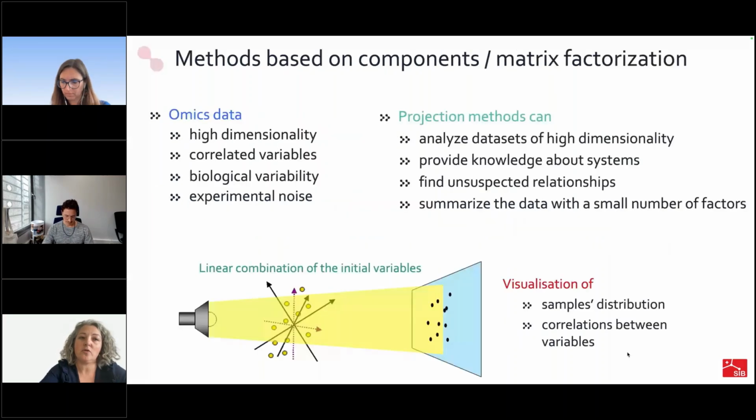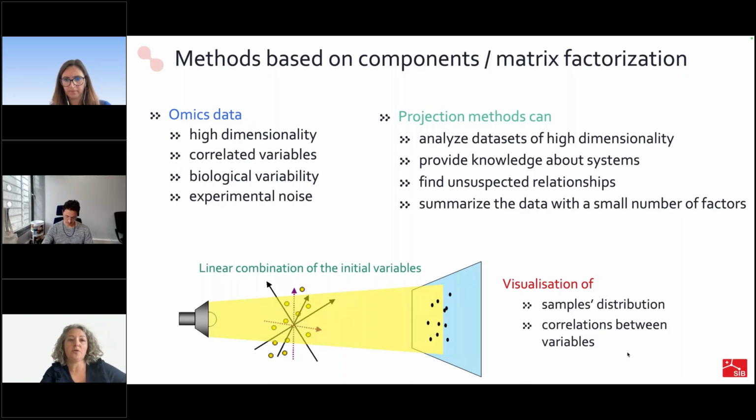The methods based on components are another name for matrix factorization methods. Why are they interesting? They are well suited for omics data because they can manage high dimensionality data with correlated variables, also with large biological variability. And they are projection methods that are used to analyze those high dimensionality data sets.